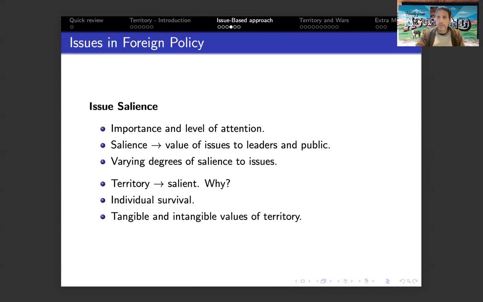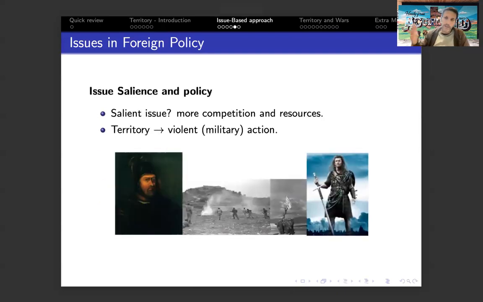Now, as we said, the degree of how salient the issue is, is critical in shaping the type of response we're going to have when there is competition over an issue. When there is competition over territory, how important that territory is to us will shape the way that we will respond to it. And the main argument that we can talk about here is that when an issue is very salient for countries, they will commit more resources and they will be open to bearing a lot higher cost in order to address those kinds of problems.